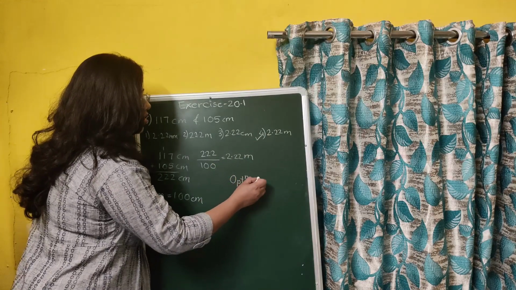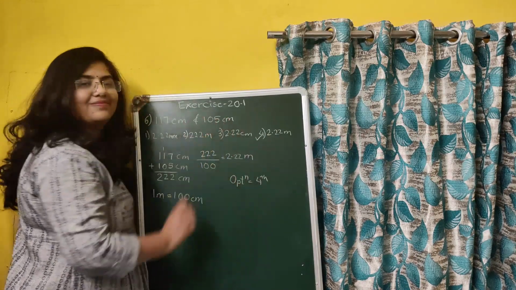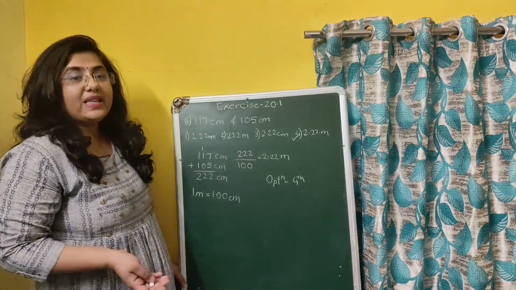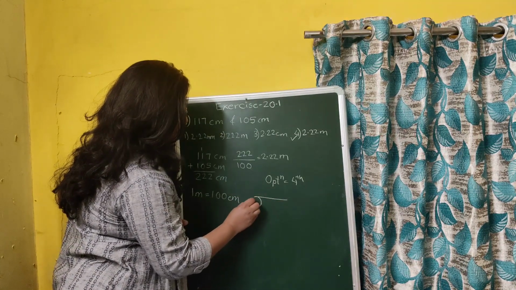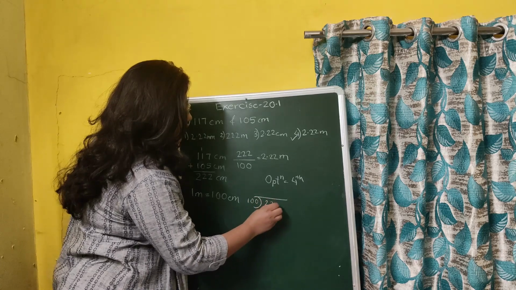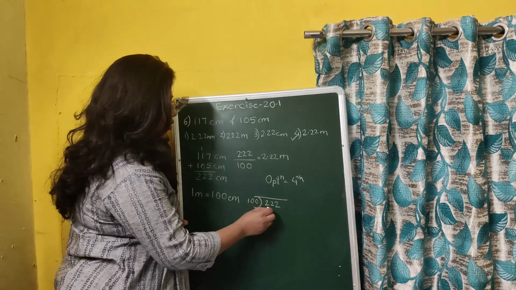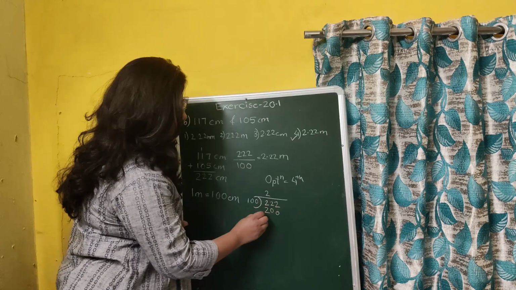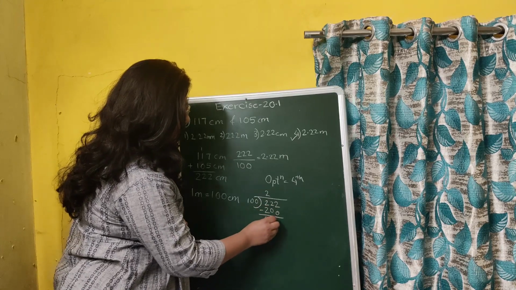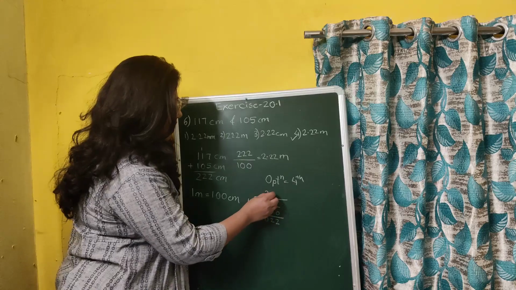अगर ये नहीं समझ में आ रहा है तो ऐसे भी कर सकते हैं, like 100 into 222. So 200 will be there, 100 2s are 200. Here we will have 22. Then point.